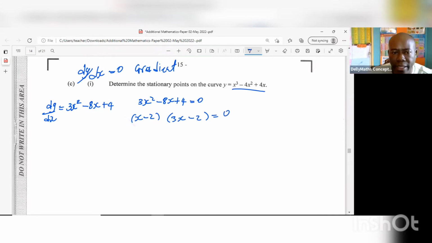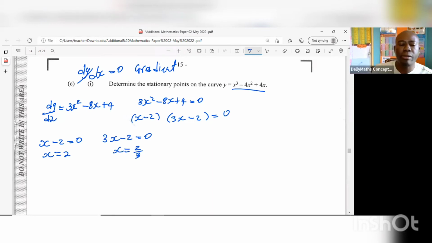So this is in factor form now. So now we could solve, because when you look at this, then x minus 2 is equal to 0. So we could say x is equal to 2. So that's one case. And then in another instance, we're talking about where 3x minus 2 is equal to 0, and x here is equal to positive 2/3.